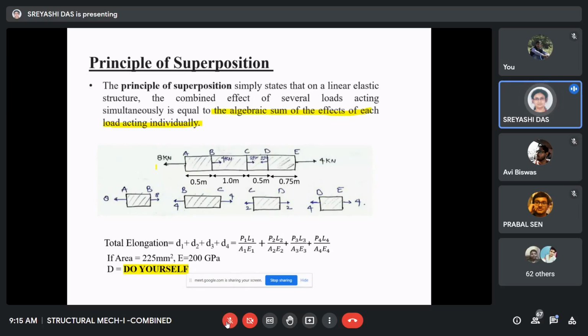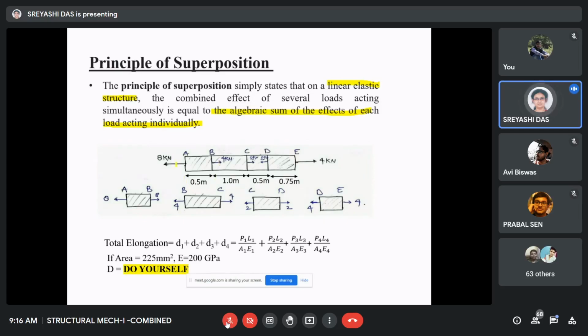Whenever there is a combination of different load cases, suppose a beam is subjected to a concentrated load as well as a uniformly distributed load, then at a particular point the shear force or bending moment will be the summation of the shear force caused by the concentrated load plus the shear force caused by the uniformly distributed load. That is based on the principle of superposition, and it assumes a linear elastic structure, within the elastic limit.